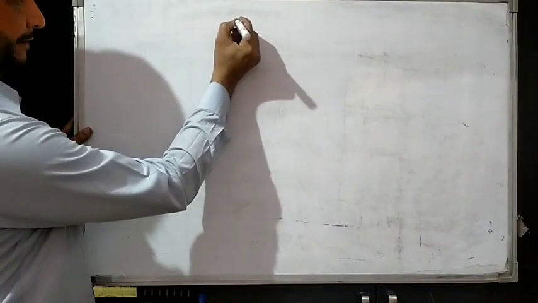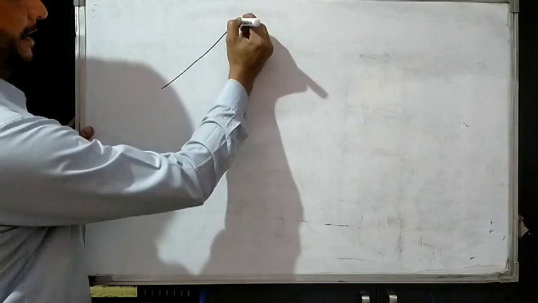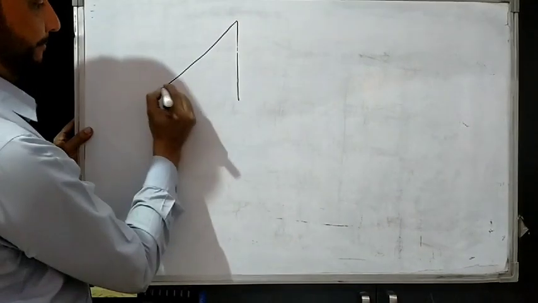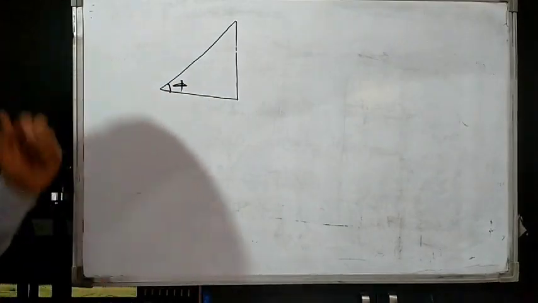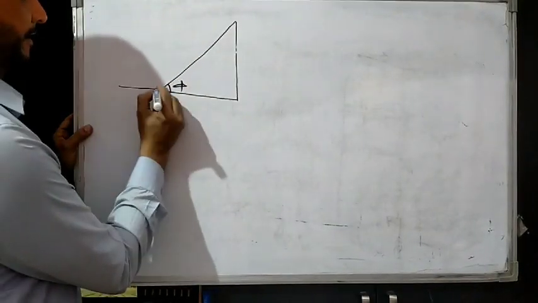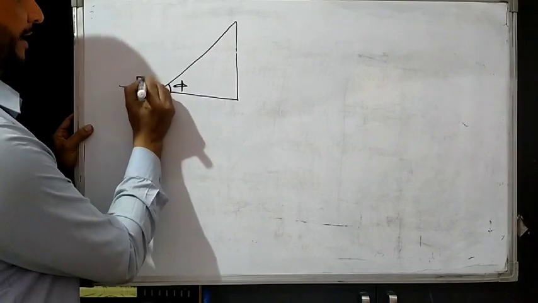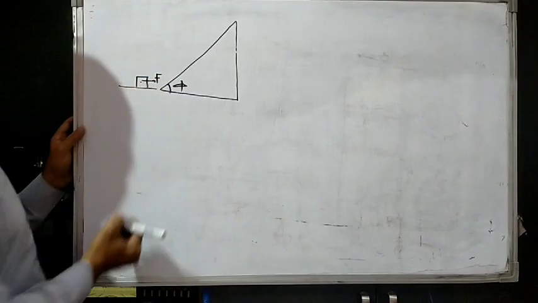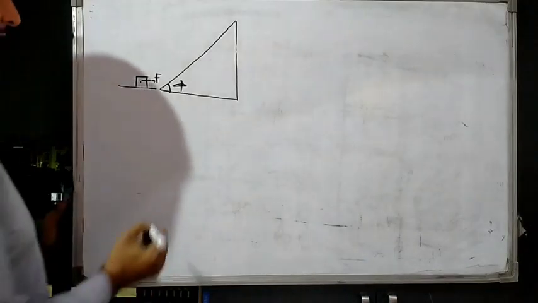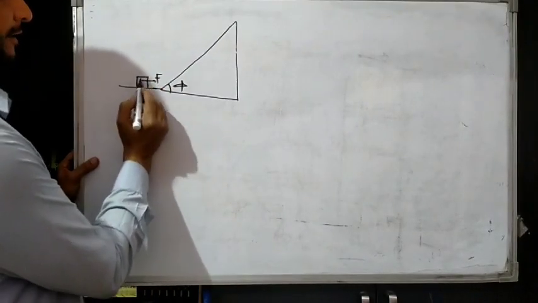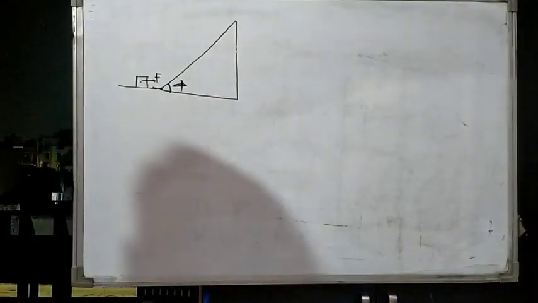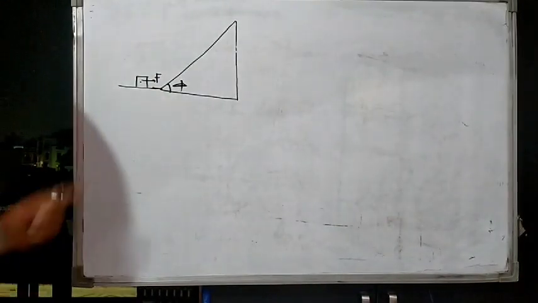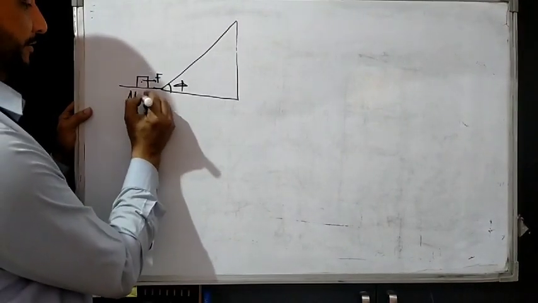Suppose, my dear children, that I have an inclined plane like this, with an angle phi. This is the angle phi, and I am dragging a block by applying a force F in this direction. Let us suppose that this force F is acting on the block in the horizontal direction always, from t equal to 0.